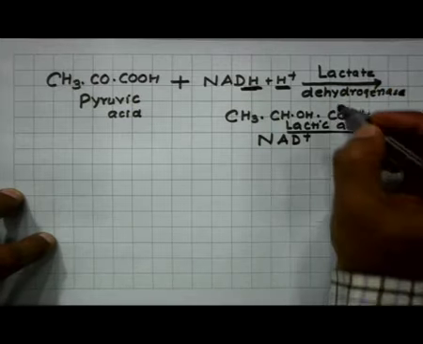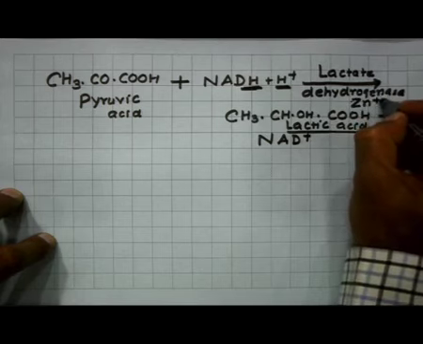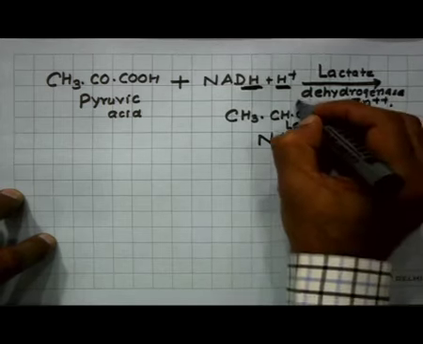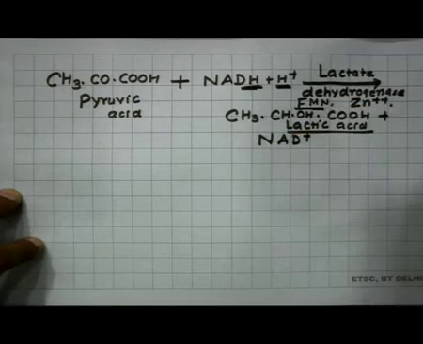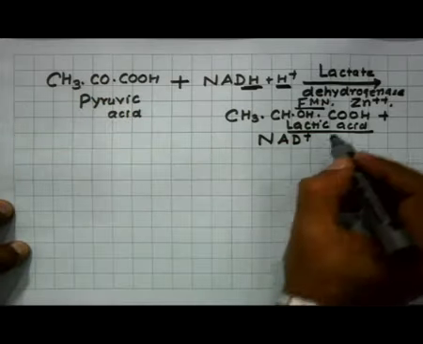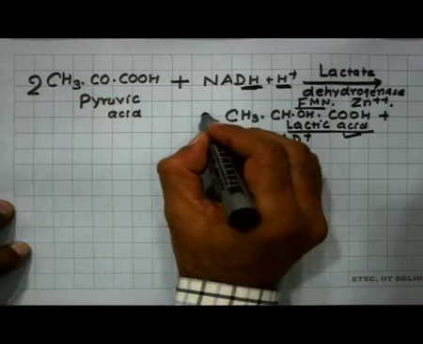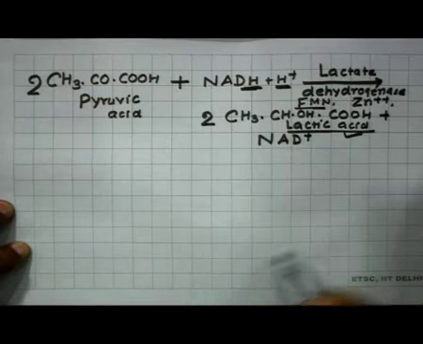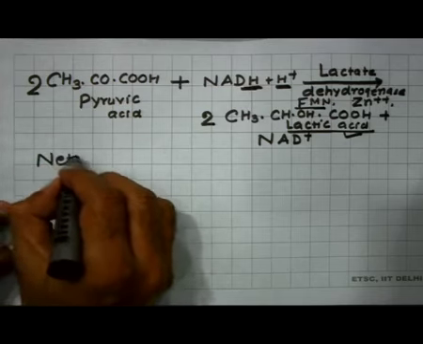For this reaction Zn++ is required and also FMN. So, in lactic acid formation, 2 molecules of pyruvic acid are converted into 2 molecules of lactic acid.